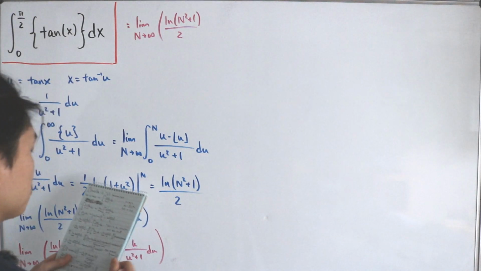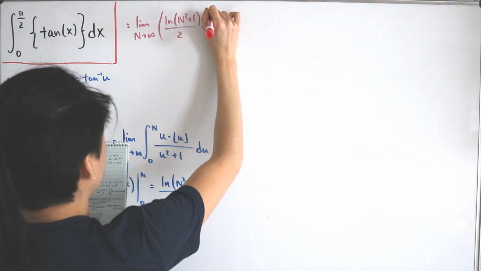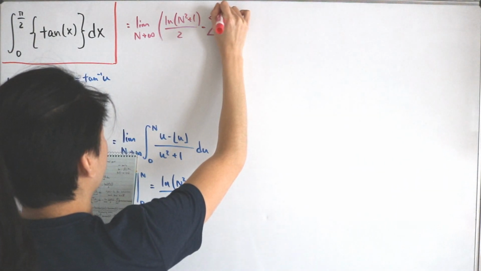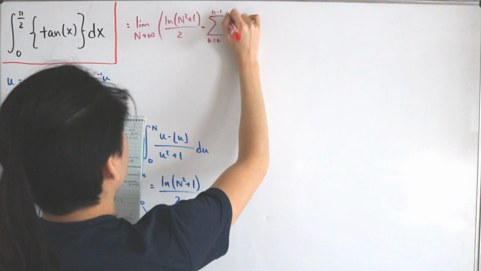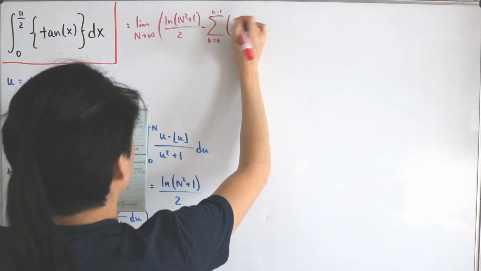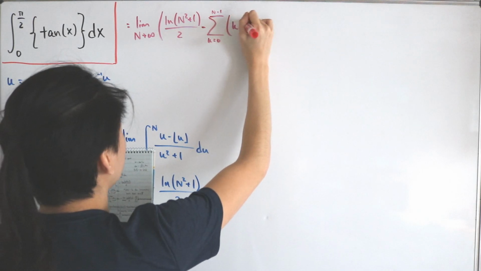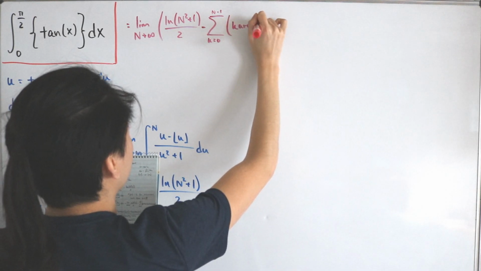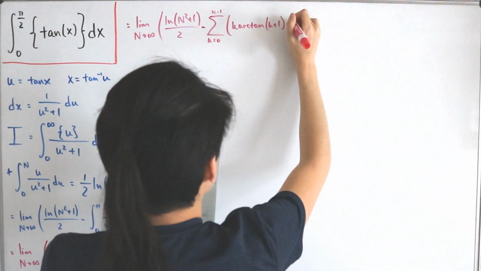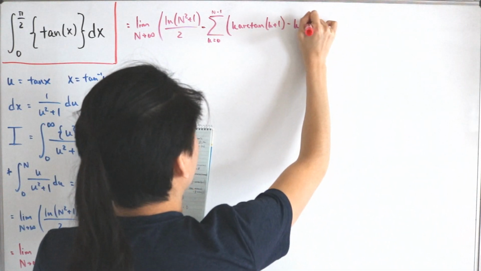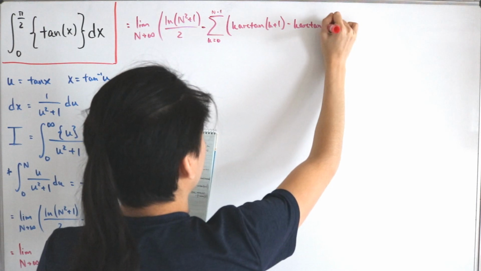So we have the finite sum from k equals 0 to capital N minus 1 of, in parentheses, k times arctan of k plus 1, minus k multiplied by arctangent of k. Don't forget to multiply by the k as well.